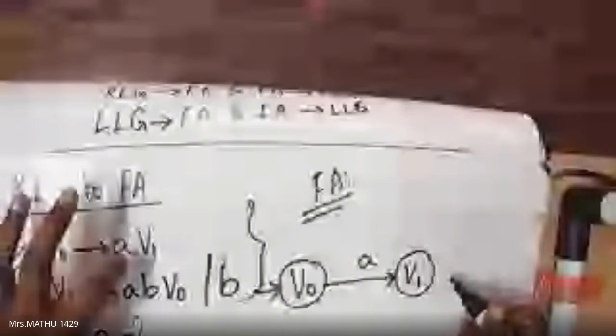And what is the production given? For every production, we need to add an edge in the finite automata. So from V naught on reading A, it goes to state V1. All the variables used in the grammar are going to be the states here, and terminals are going to be input symbols in the finite automata.